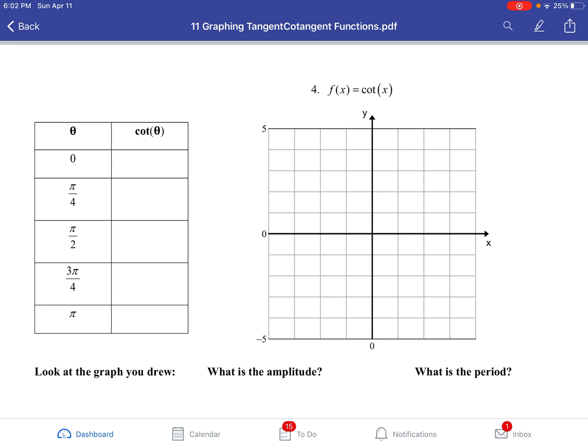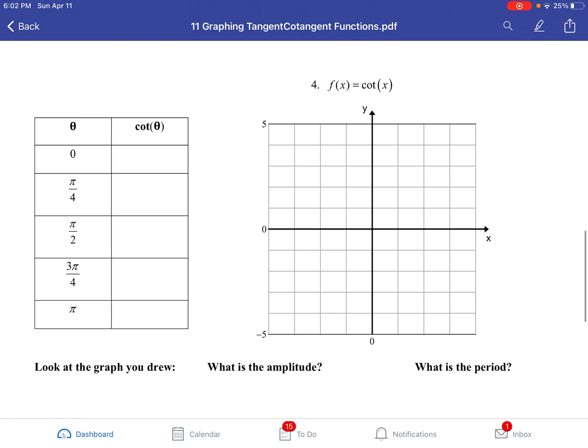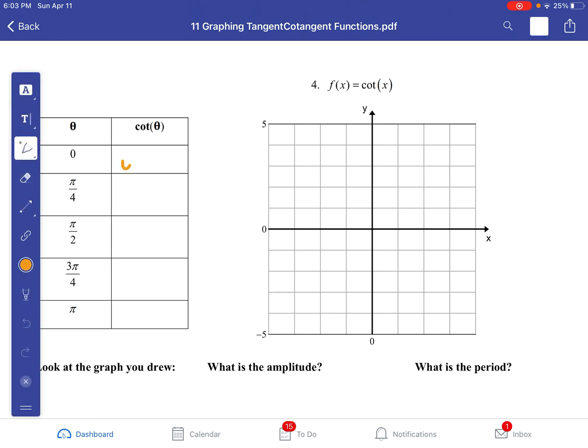All right, at 0, cotangent is going to be 1 divided by 0, which is undefined. At pi over 4, cotangent is root 2 over 2 divided by root 2 over 2, which is 1. At pi over 2, you have 0 divided by 1, which is 0.